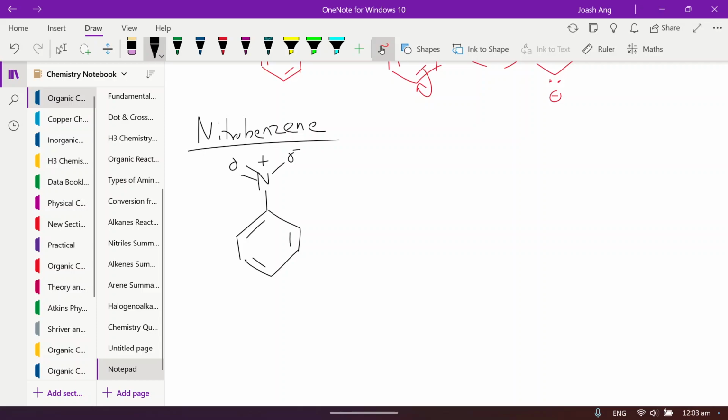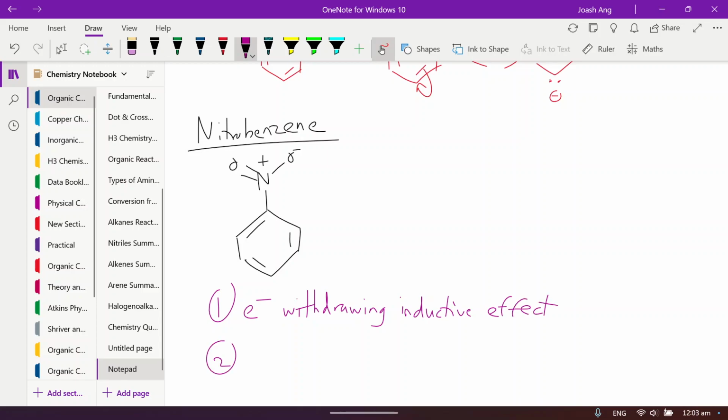Okay, so one thing to take note is that it is both electron withdrawing by inductive effect because of the highly electronegative nitrogen atom, or you can also talk about the positive charge on nitrogen. Then secondly, it is electron withdrawing by resonance.